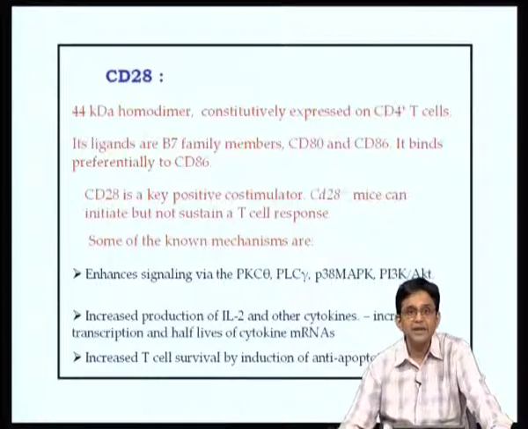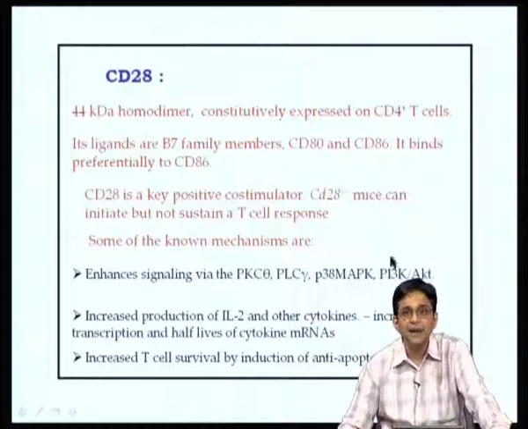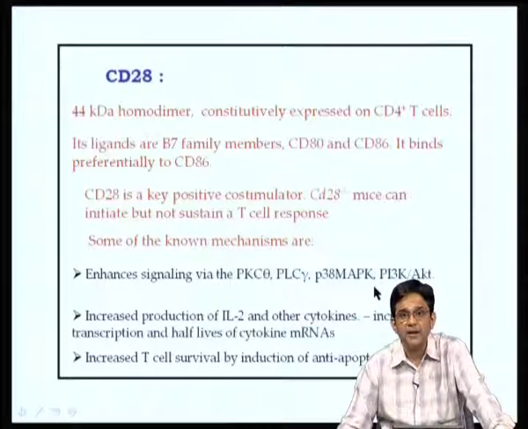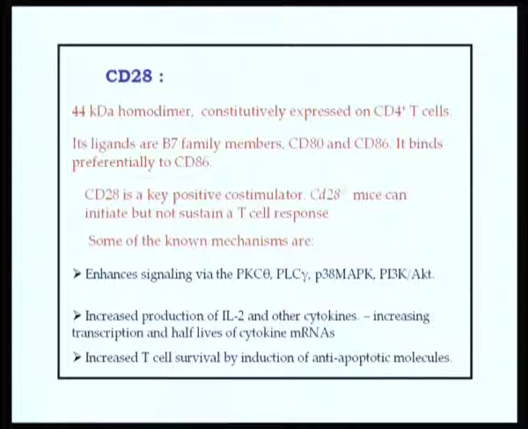And so, what are the mechanisms? It enhances signaling by the various pathways, p38 MAP kinase, PI3K, and so on. It increases production of IL-2 and other cytokines. What is important is that it not only increases transcription, but it also increases the half lives of these cytokine mRNAs. This is a very important aspect for CD28.